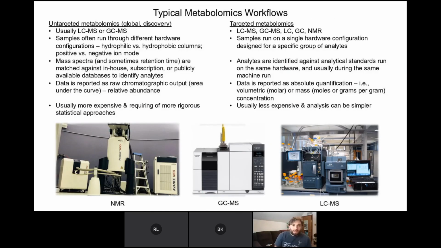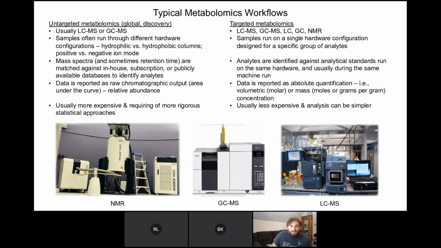So let's focus specifically on metabolomics, and you'll obviously hear more about this from Brian. But just to give an overview, something that I find is generally helpful is to classify these metabolomics into two separate groups. On one hand, we have untargeted metabolomics, also called global or discovery metabolomics, on the left here, as opposed to targeted metabolomics, shown on the right.